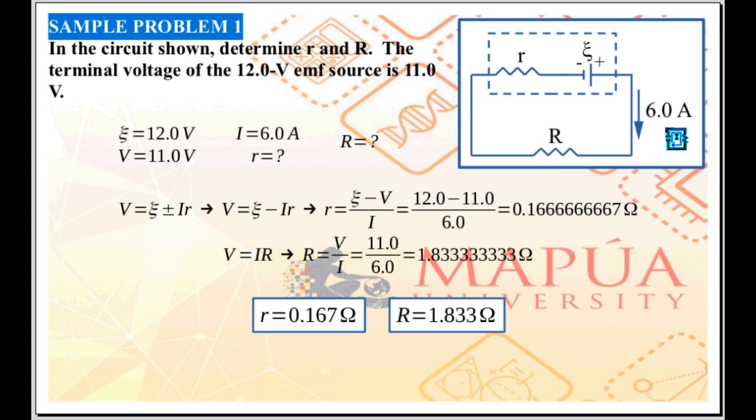I is still 6 amperes, the current flowing through the resistance R. Isolating, R is equal to V over I. Thus, we are able to calculate the resistance capital R. R is equal to 1.833 ohms.